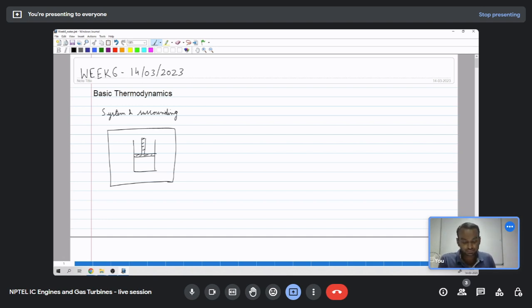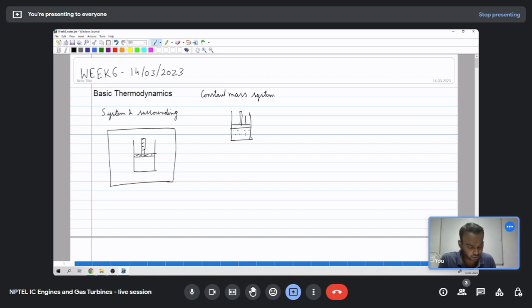And this system can be of two types in terms of mass: constant mass system or constant volume system. An example for constant mass system is, as I said, a piston with some gas inside.